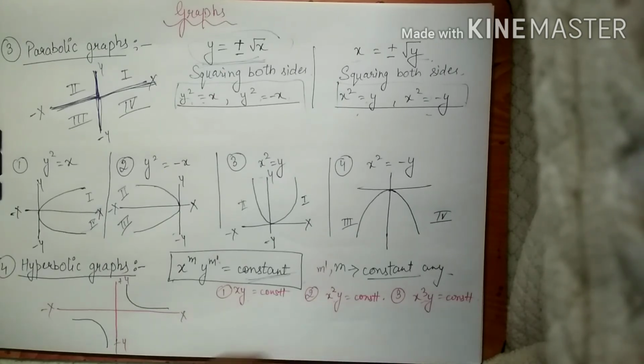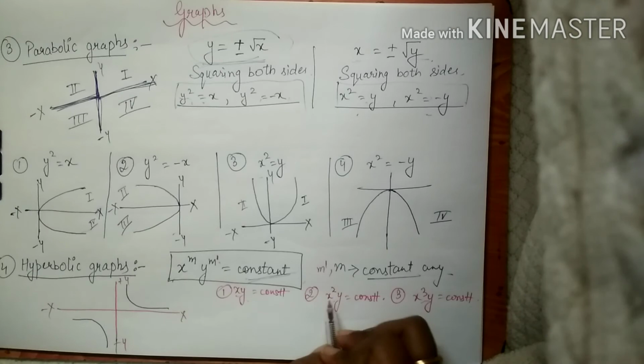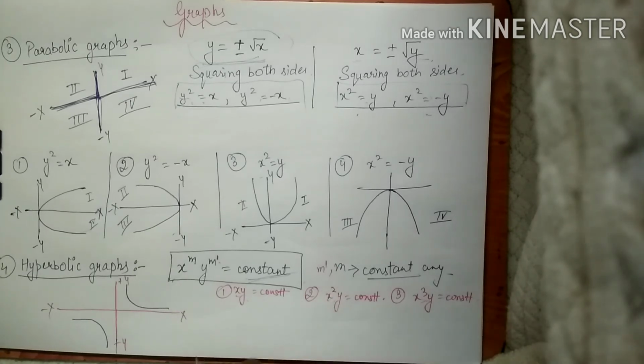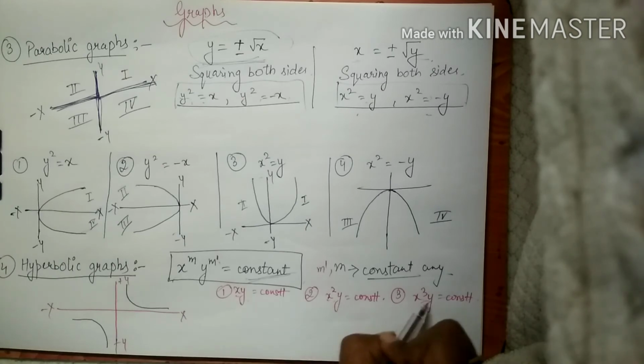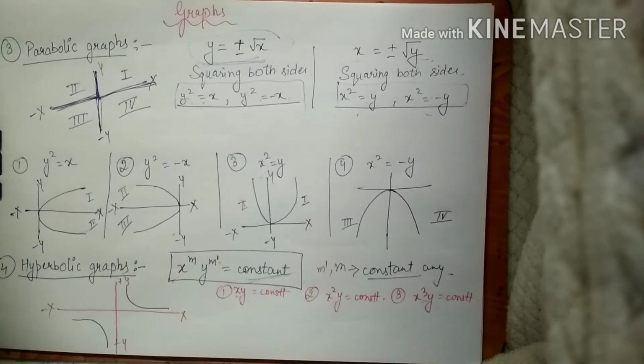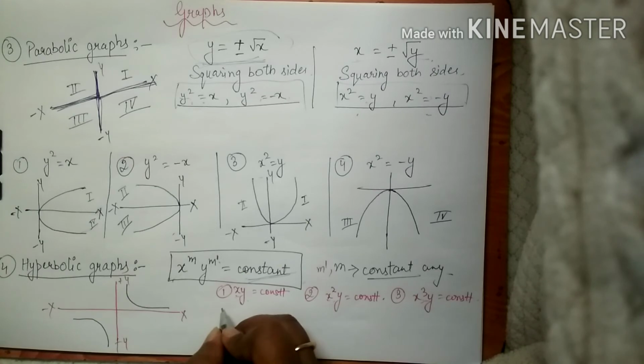Here we can notice that only the power of x is increasing, right? So based on the increase in the power of these 3 equations, what is the difference we are going to observe in the graphs? So suppose for xy is equals to constant, we have plotted a graph like this.